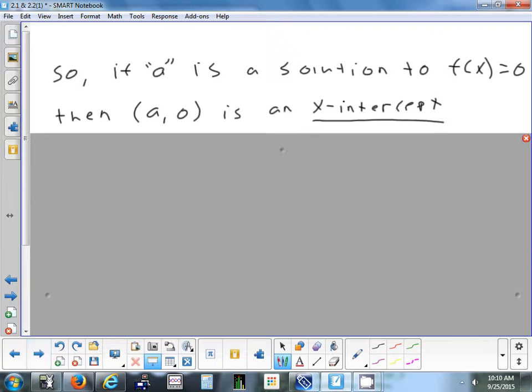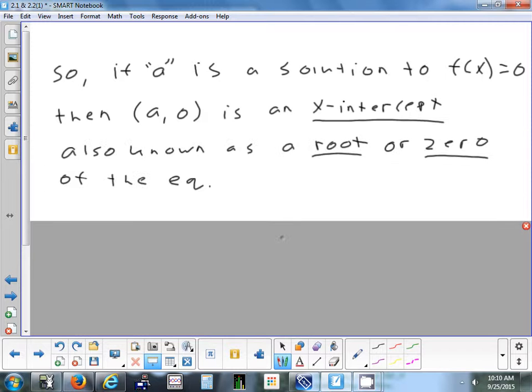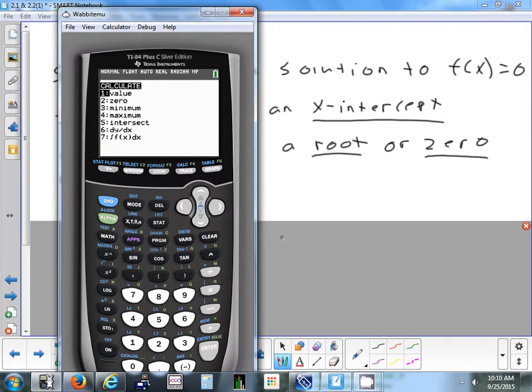So the 3 numbers that we just found, those are all called the x-intercepts. They're the particular values that when you plug them in, make y 0. Another word for x-intercept is also known as a root or a 0. And if you're using a newer calculator, and you go second calc, you'll see the word 0.